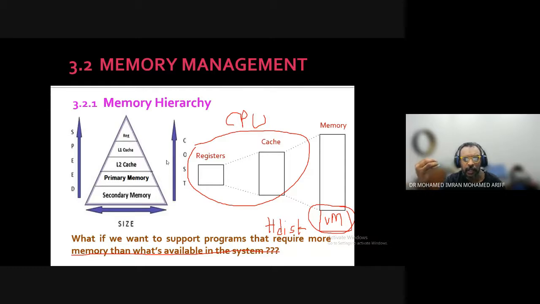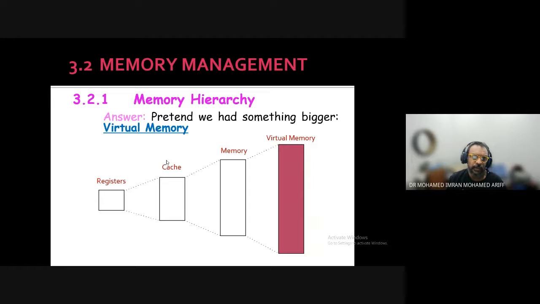Virtual memory is basically a small portion of memory inside the secondary memory which acts as primary memory. Okay, that is virtual memory. Sometimes we can also pretend we have something bigger, which is called virtual memory.